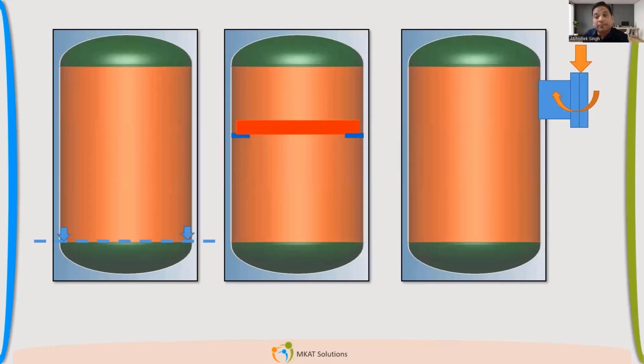So a bolt we can provide with slotted holes, so that the other end is free to move. If we are keeping it free to move, it will not exert the stresses.